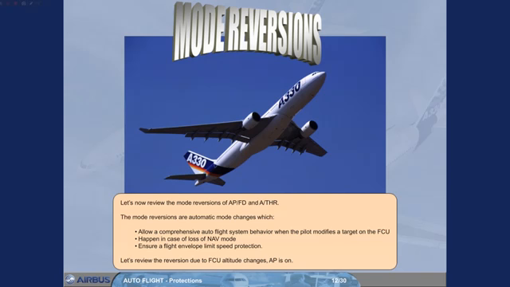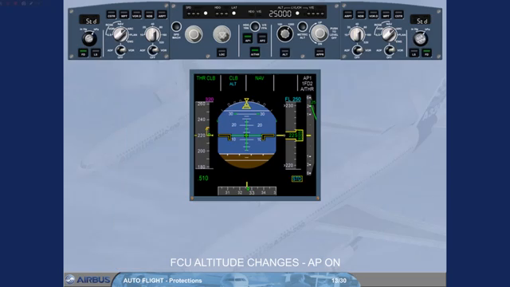Autopilot is on. Suppose we are in climb, using either open climb or climb to flight level 250 as cleared by ATC.